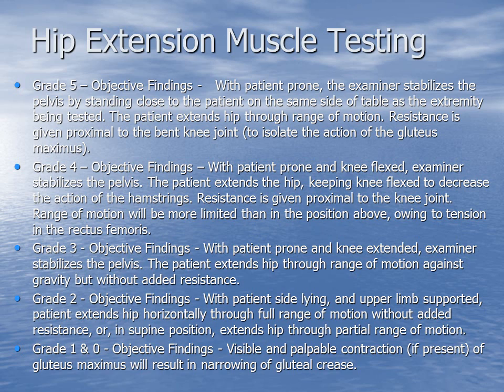With grades 1 and grade 0, we see increasing weakness, and with grade 0, there is no visible or palpable contraction of the gluteus maximus muscle. And you can detect this because with a bona fide contraction of the gluteus maximus muscle, you'll see a narrowing of the gluteal crease. So that may help you to detect those cases where bona fide contraction is absent.